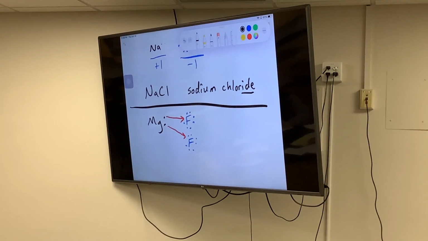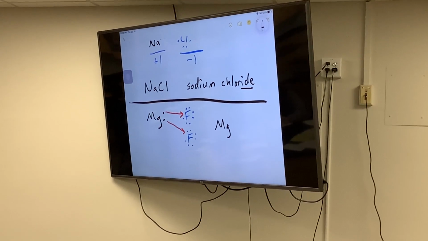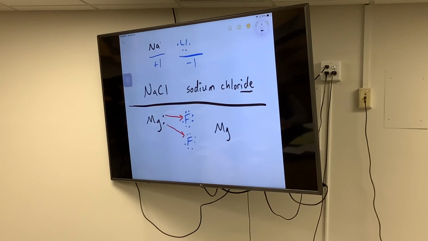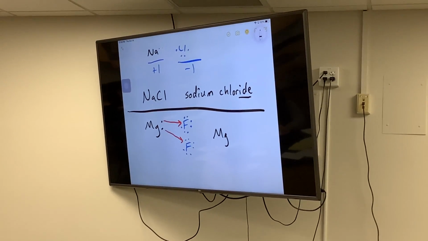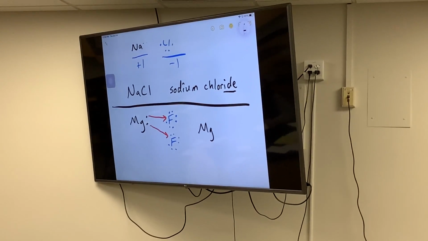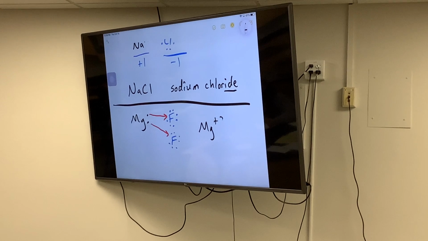So, magnesium, in the process of losing 2 electrons, what sort of ion is it going to become? Positive or negative? It's going to be positive. How much positive? 2, because it got rid of how many electrons? 2.